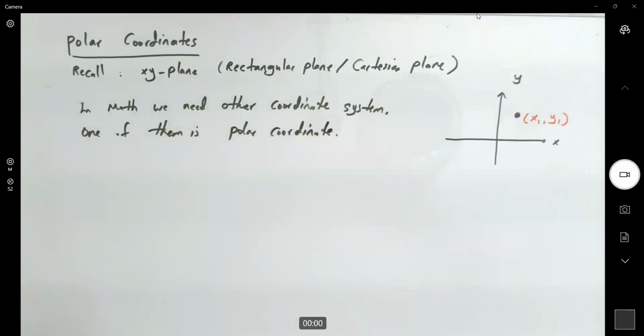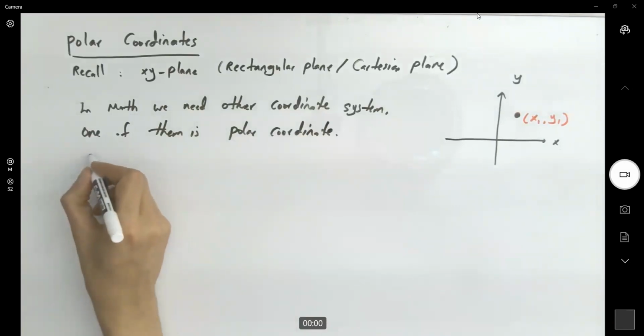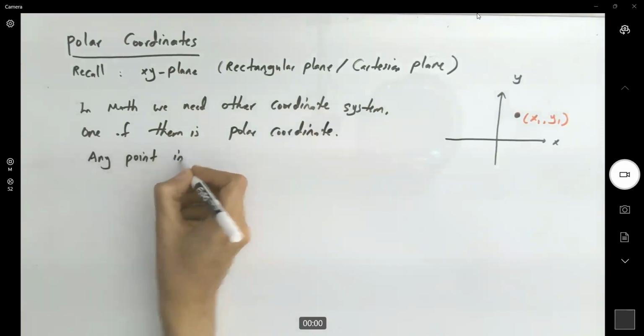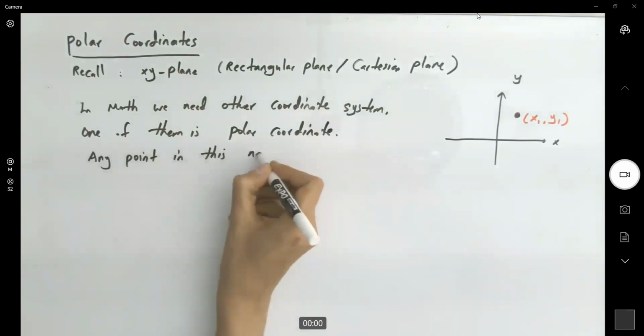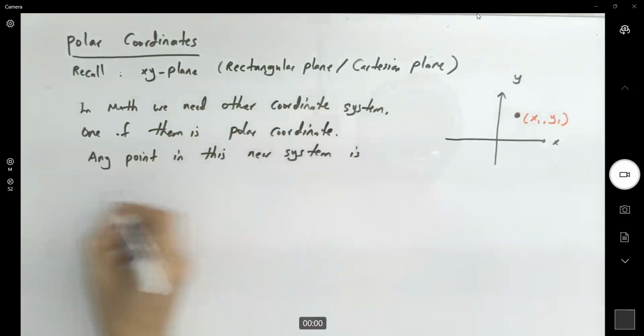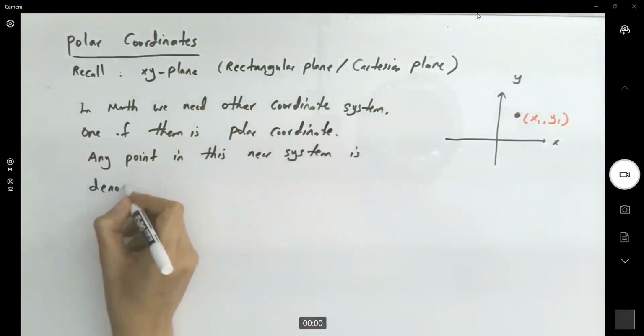Okay, so how do we define a polar coordinate? When you're talking about a polar coordinate, any point in this new system is denoted by (r, theta).